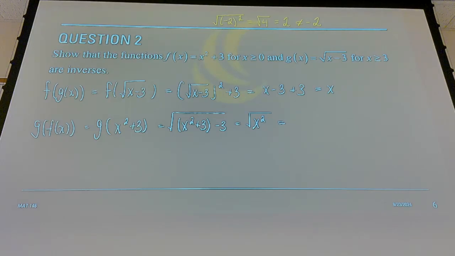So what's the square root of x squared? Positive and negative x. How do you write that mathematically? Plus or minus? Absolute value.